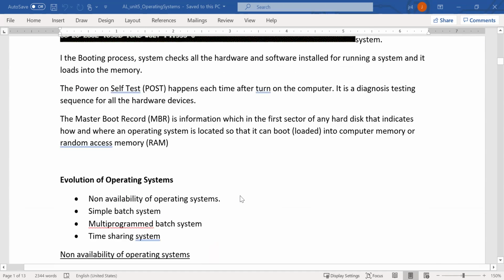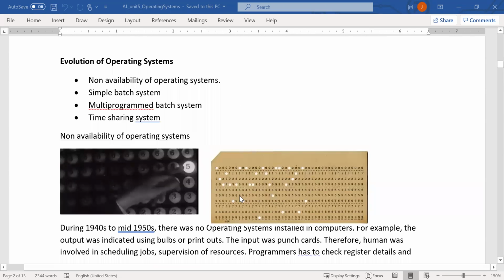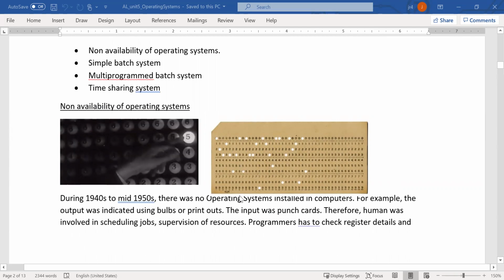So then we briefly discussed the booting process and then the evolution of operating systems. Now, in the very early days, we didn't have any operating systems at all, which means ENIAC. I told you there were just the bulbs, no software at all in those days.